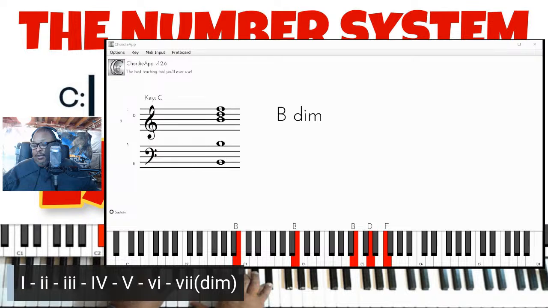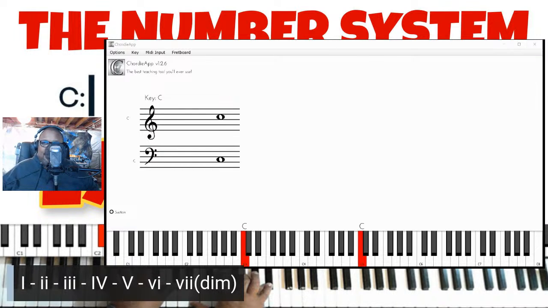Diminished. For those of you that may have forgotten what makes a diminished chord: think of the major chord first, and then the 3rd and the 5th notes are lowered a half step. Let me give you an example.